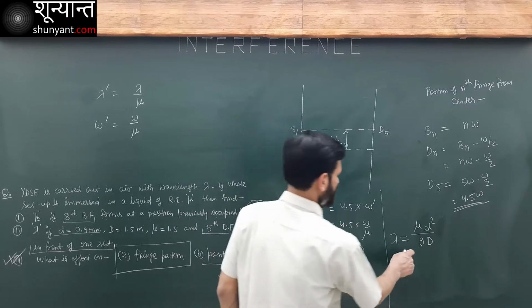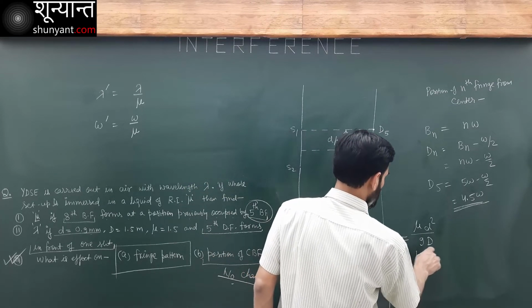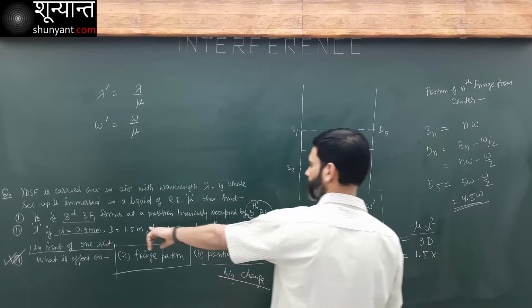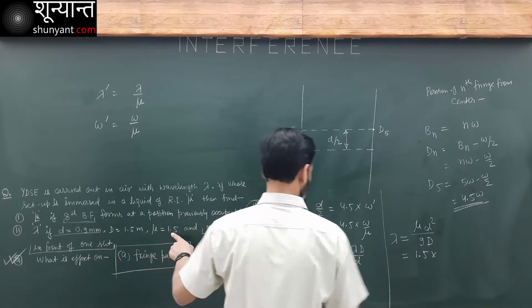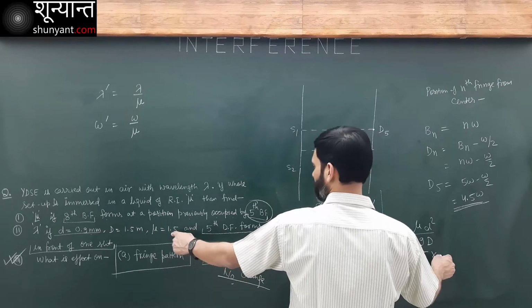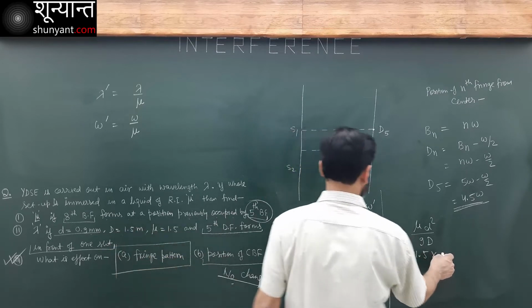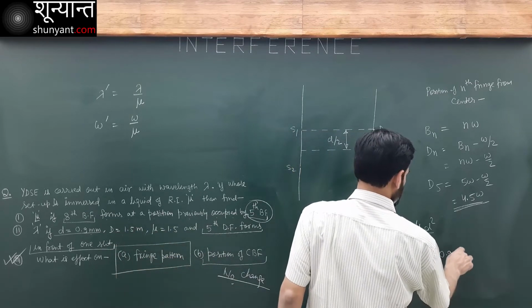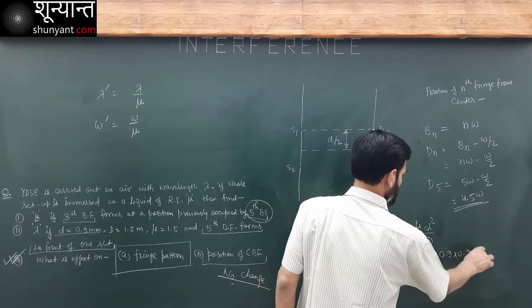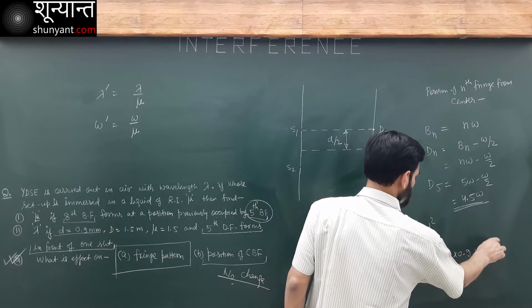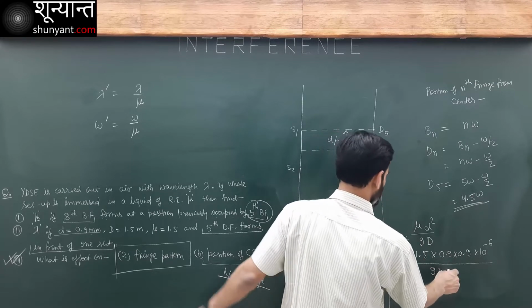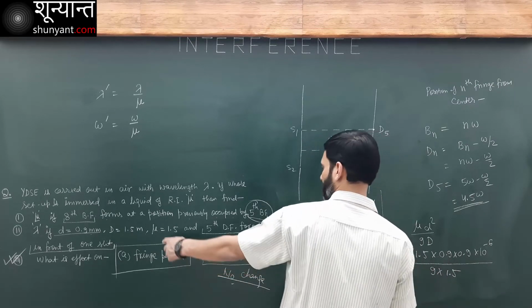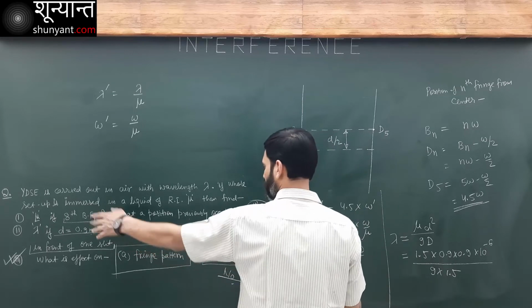Now mu is 1.5. Small d square is 0.9 times 0.9 times 10 to the power minus 6, divided by 9 times 1.5 capital D. We use all the values.